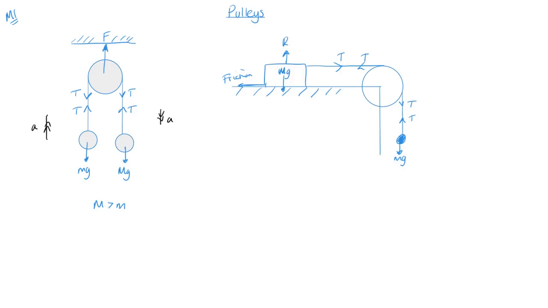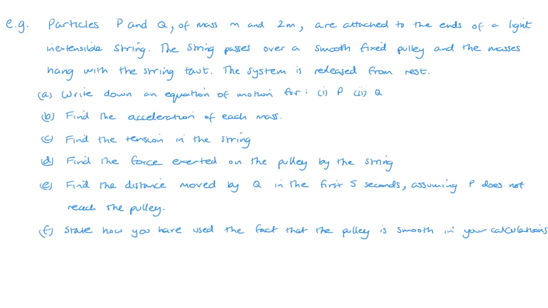So let's start. We'll do an example of this type and an example of this type, and then I've got 3 past paper questions for you to have a go at. So here is the first example. Particles P and Q of mass m and 2m are attached to the ends of a light inextensible string. The string passes over a smooth fixed pulley, and the masses hang with the string taut.